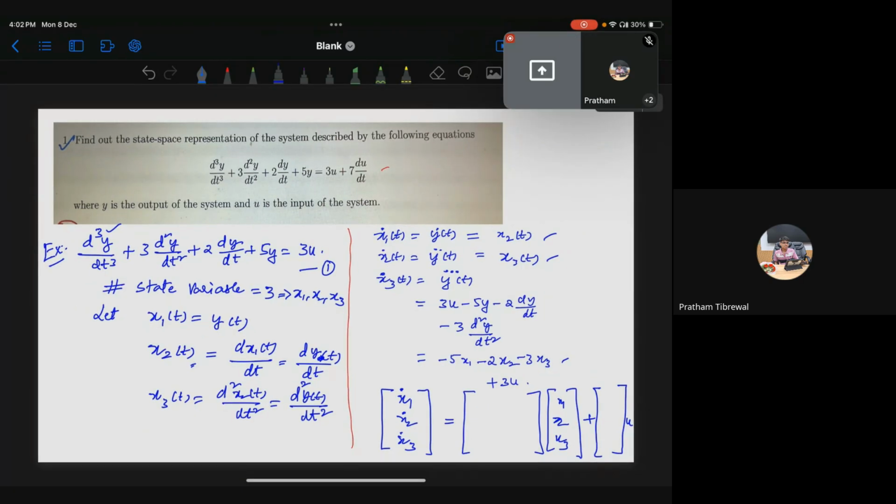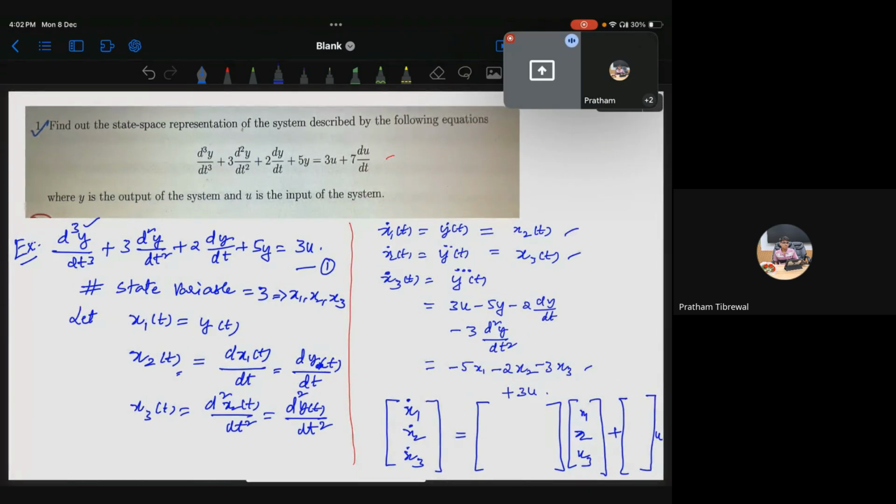A student asks whether the 7 du by dt term on the left side has been left out. Yes, I started without it. We have not entered into that problem yet. Adding a derivative of the input is a special case, and you will see why I left it out intentionally.